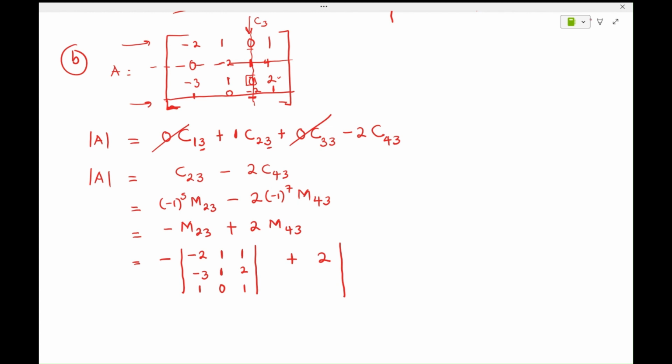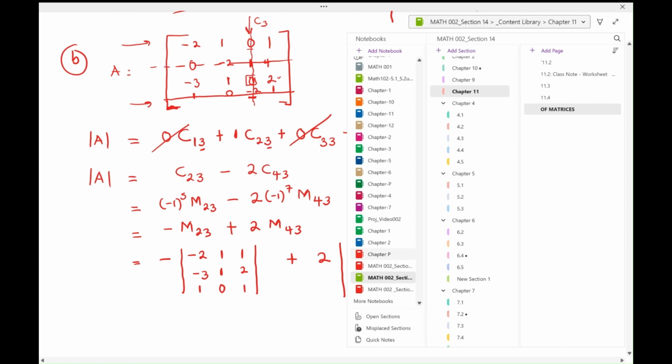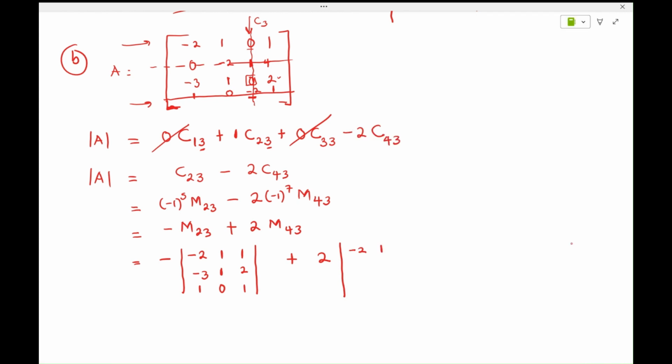So we're left with minus 2, minus 1, minus 2 and 1, and also 1, because remember this third column is deleted. So here we're still going to have 0, minus 2, and 4, because the row 2 is no longer deleted, right?